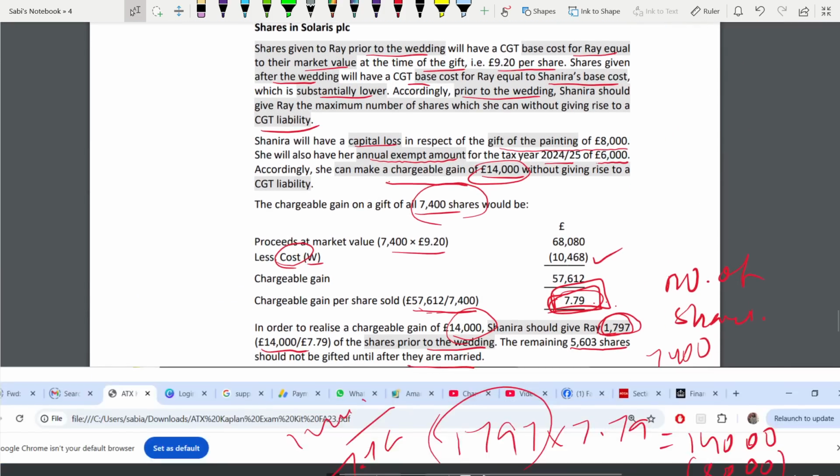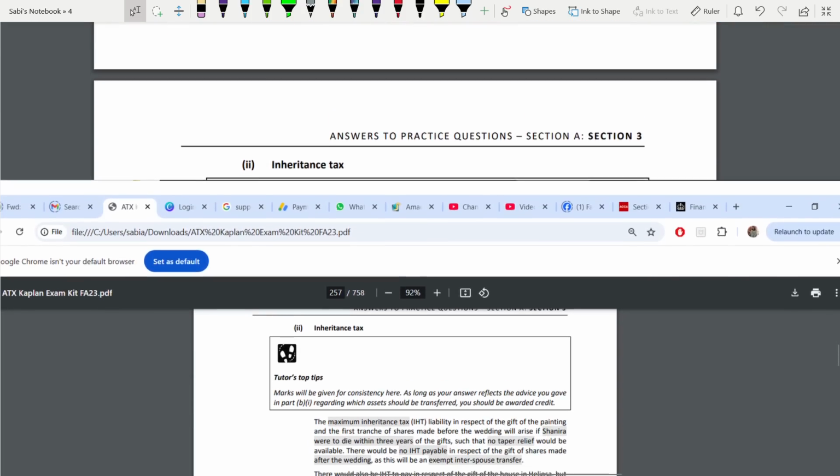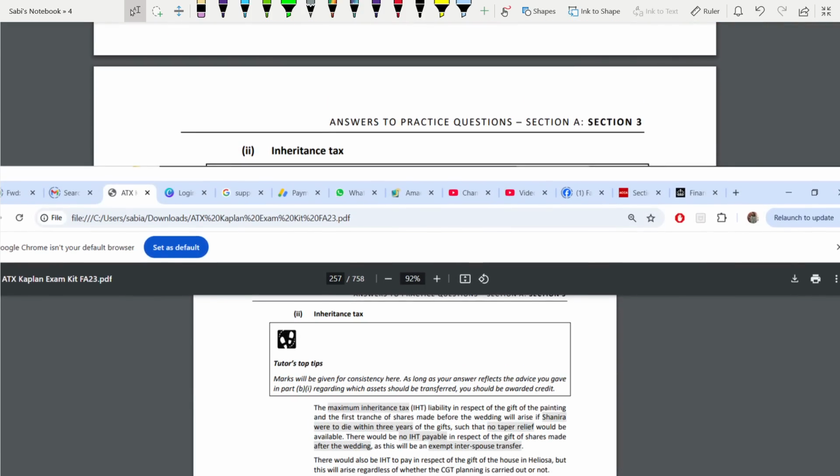So now we are moving on to the next area, inheritance tax. We are done with CGT for both, for the house, painting and the shares. Now remember, your marks will be given for consistency.